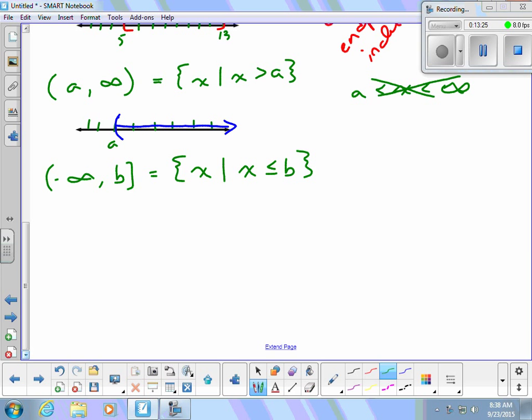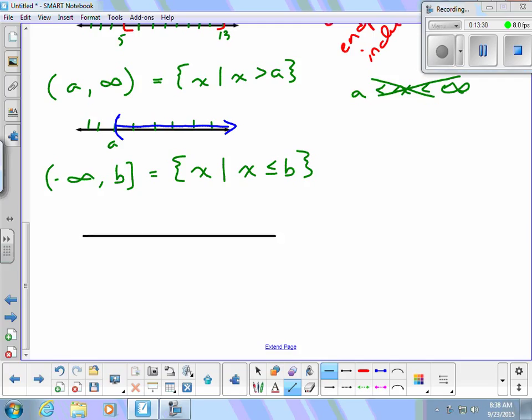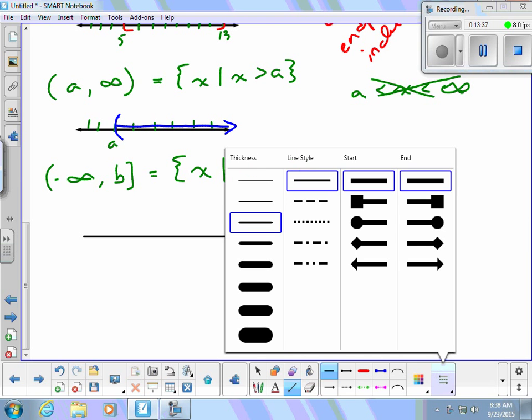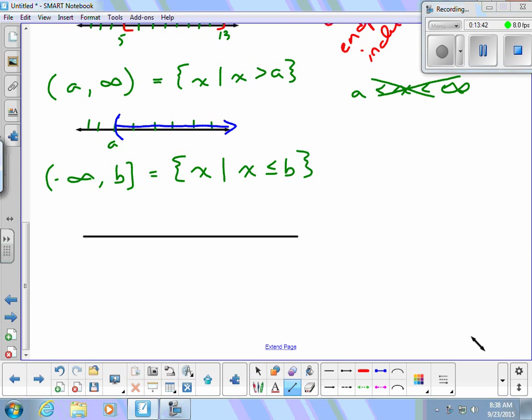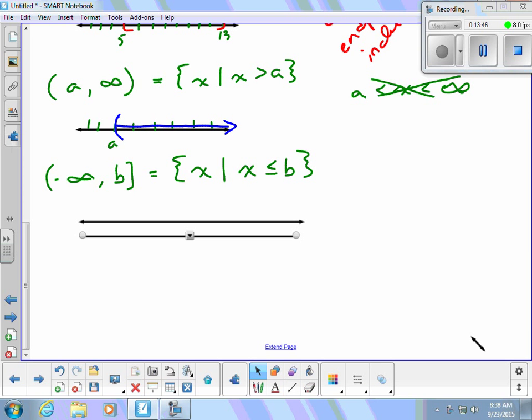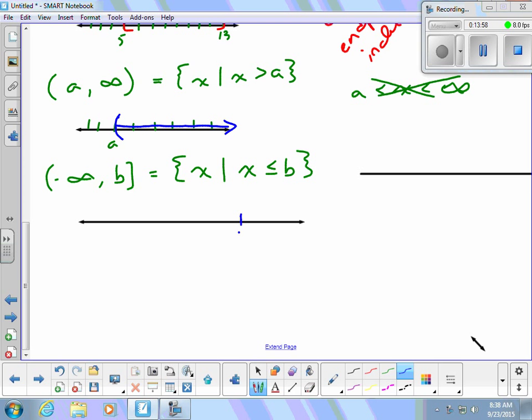And we can show this one on a number line. All right, so we've got b on the number line.